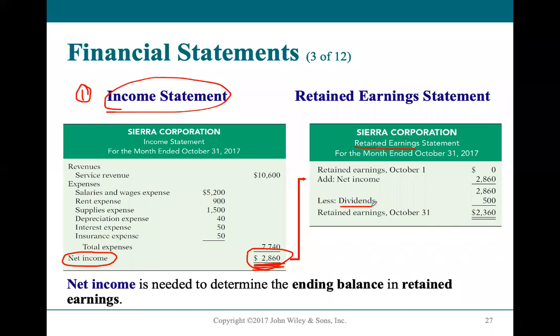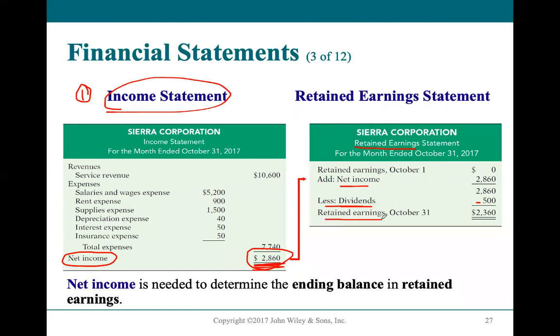And so as you see here, the net profit is $2,860. That comes from our income statement. They actually are sharing $500 of that. So $500 of this money is going out of the company. It's leaving the corporation.